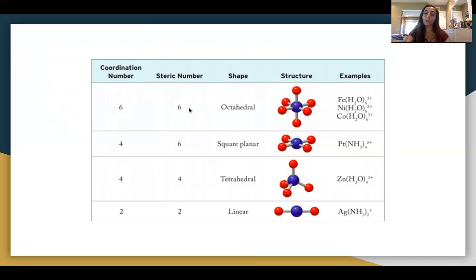You should be able to recall the steric number and the shapes easily since you learned it in CHEM1A. As you see here, it says the steric number is 6. However, we have 4 different ligands, and that's because it accounts for the lone pairs. So this has lone pairs.